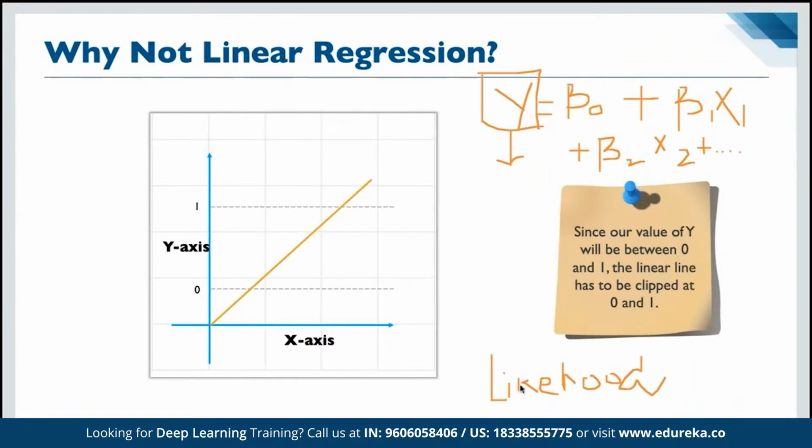So we have to convert this mathematical equation into something else so that the value always stays between 0 and 1. Because the output we are going to get is the probability of something rather than the actual value, it has to lie between 0 and 1.